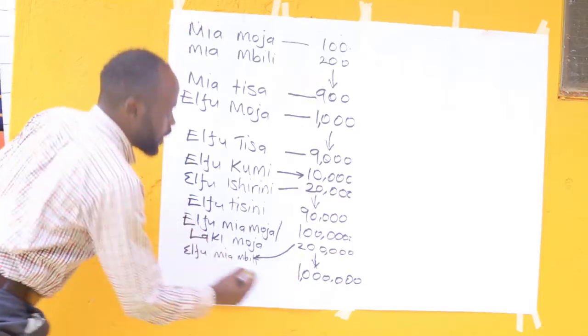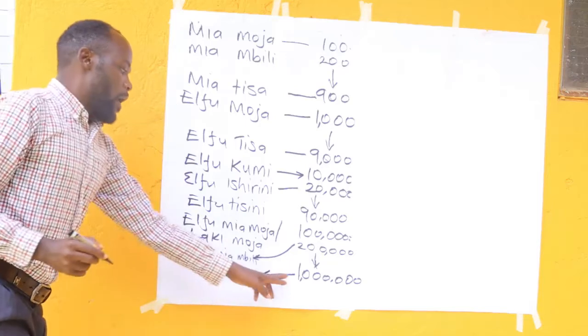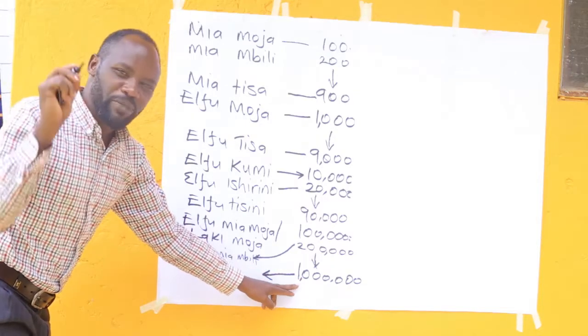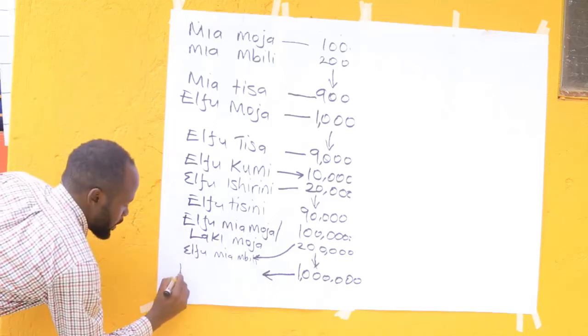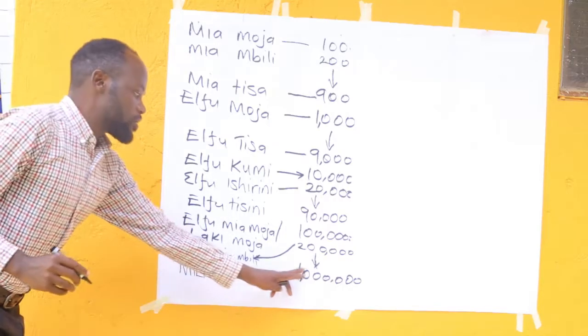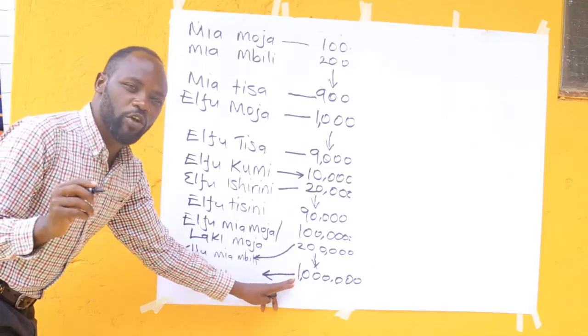So in Kiswahili also we don't have an equivalent word. Instead we borrowed from English, we call it milioni. So, due to the fact that we have figure number 1, it is called milioni moja.